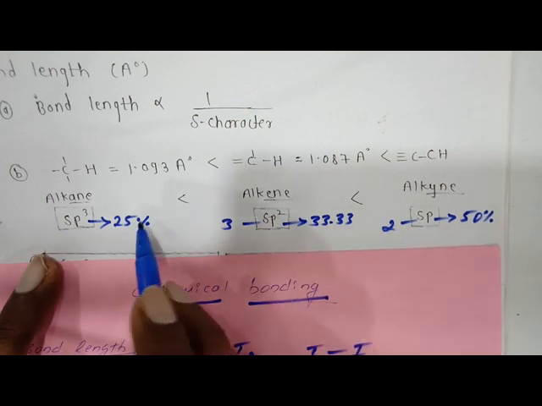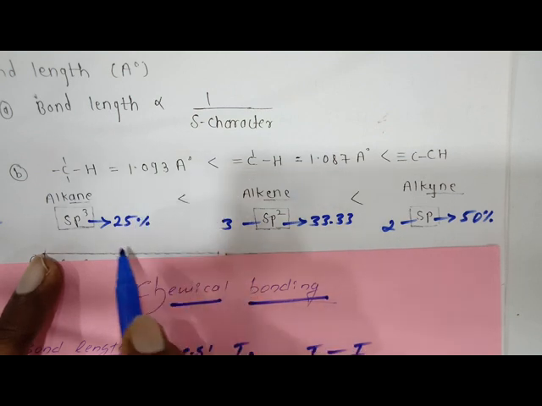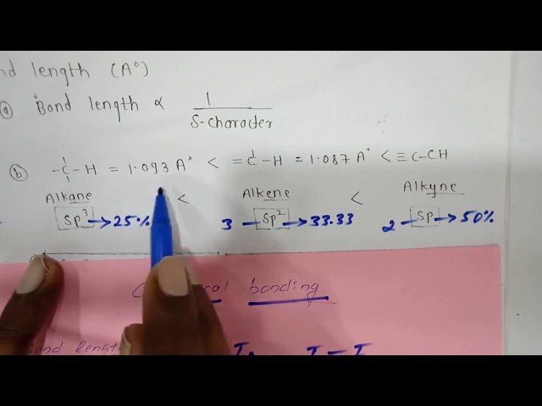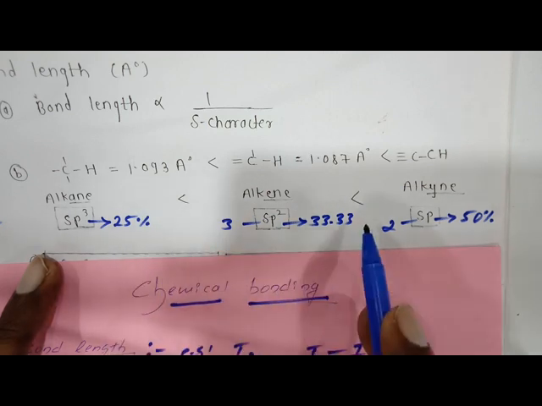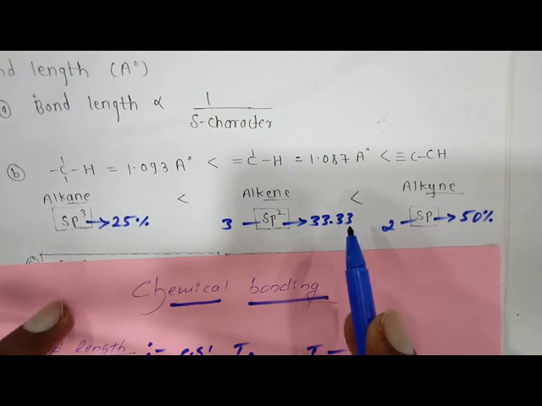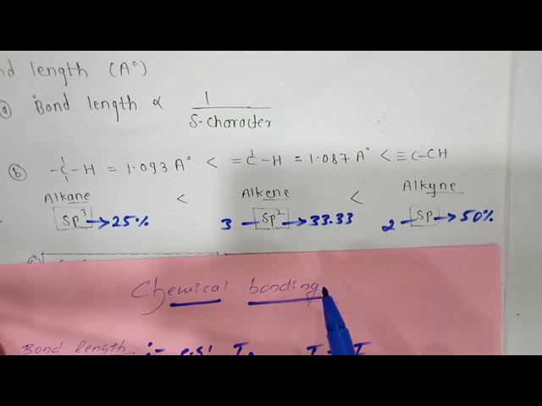So what happens to bond length, students? Bond length decreases as the percentage of S character increases. Understood? This is the first condition. It's very important to note.